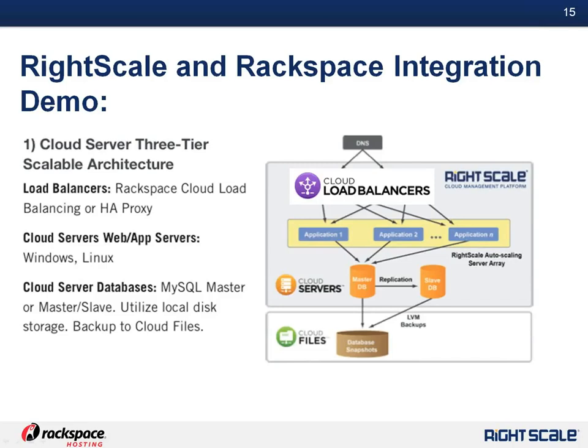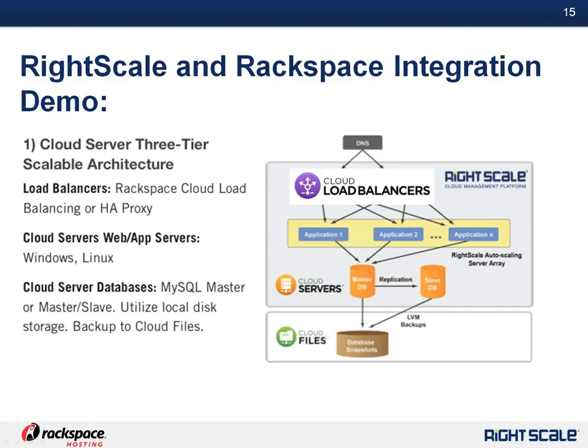Thank you, Bailey. So one of the things that we're going to show you in the demo is this three-tiered architecture that we've actually got set up in the RightScale dashboard. The particular implementation that we're going to show you uses cloud load balancers out in front as the load balancing tier, and then also has an auto-scaling array of application servers that are running PHP to support a PHP application server.